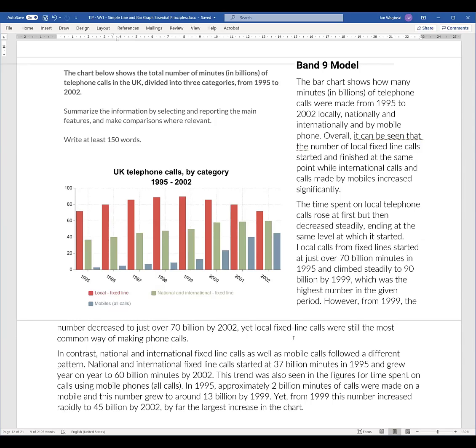In 1995, approximately 2 billion minutes of calls were made on mobile, and this number grew to around 13 billion by 1995. Yet, from 1995, this number increased rapidly to 45 billion by 2002, by far the largest increase in the chart.